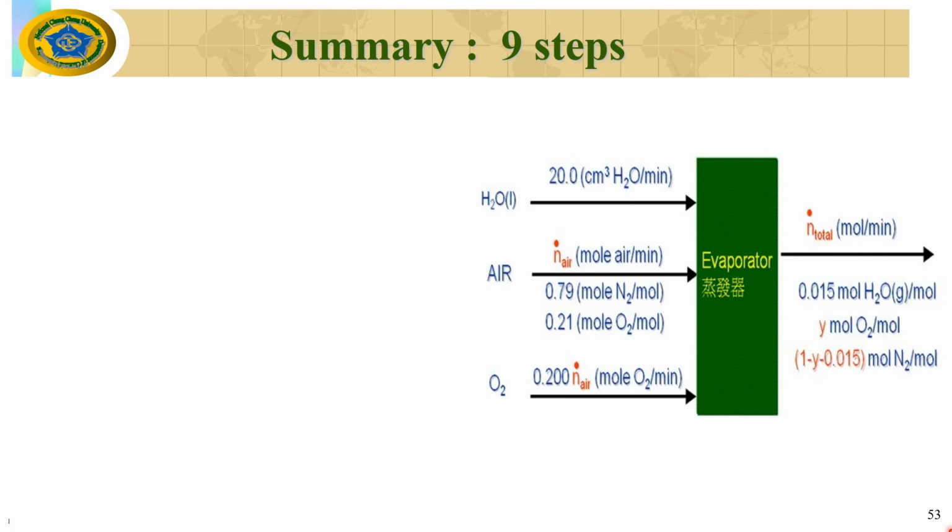Okay, so let me summarize these 9 steps. Please remember these 9 steps. You don't need to repeat them in your midterm exam, but they need to be in your mind. Step 1, choose a basis. For example, in this case, where is the basis? This might be the basis, right? This might be the basis. Number 2, draw a flow chart according to the description of the problem.